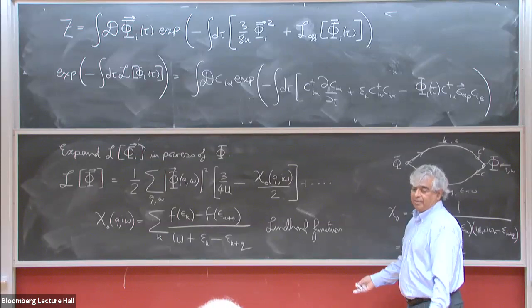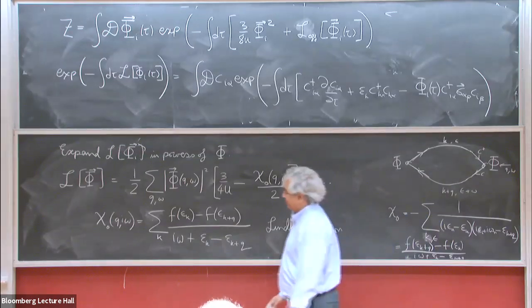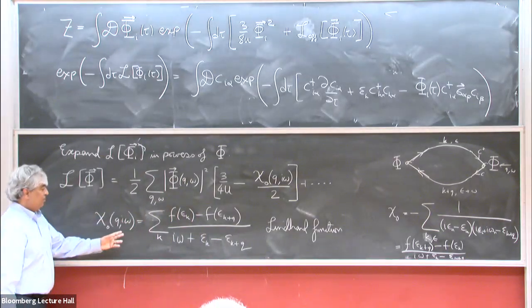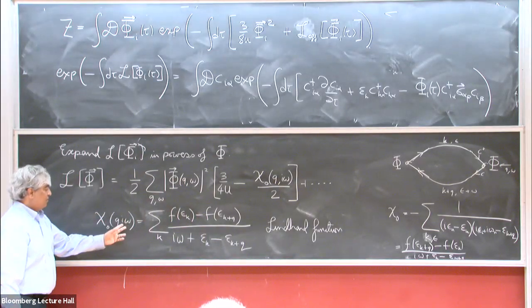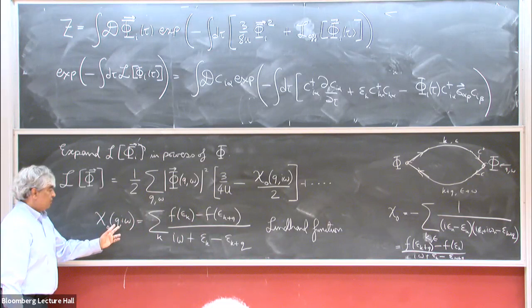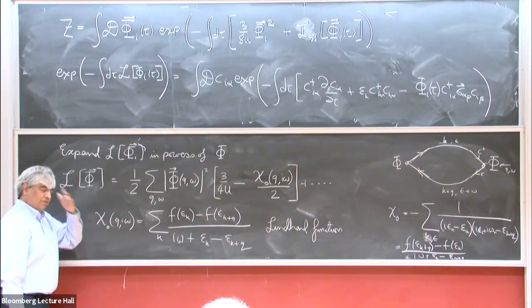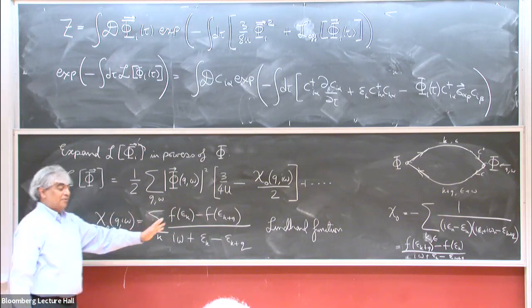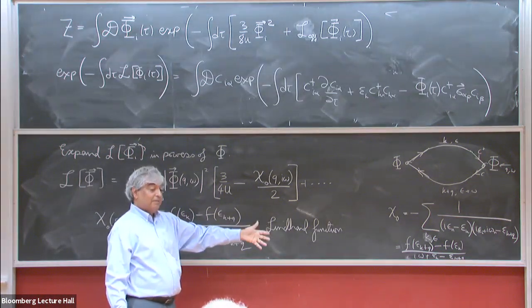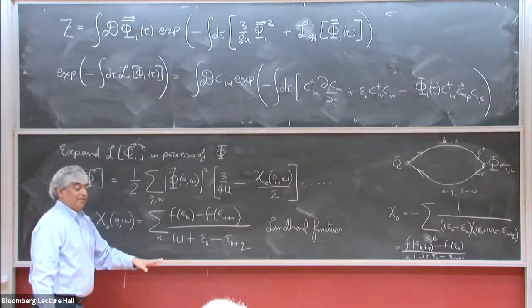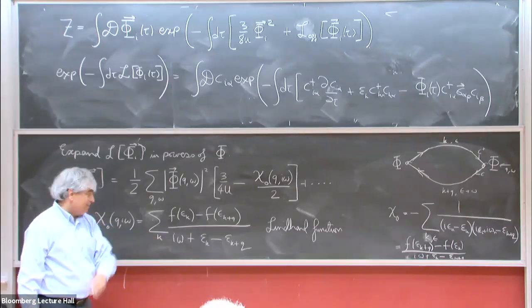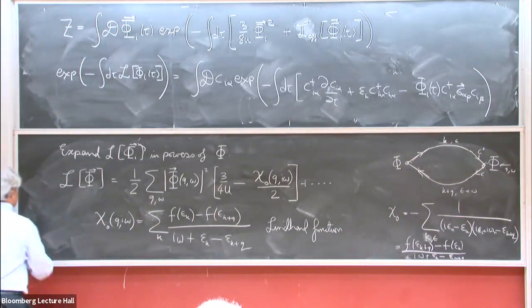It's a basic property of any metal. The response to either a spin or charge density to linear order at frequency omega and momentum Q. Or another way to say it, suppose you have a metal sitting there and you put a space and time dependent magnetic field, a Zeeman field, on the metal. Then to linear order, the linear response would be a spin density, and this is the linear response function.